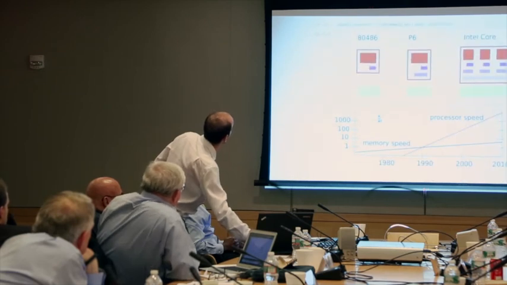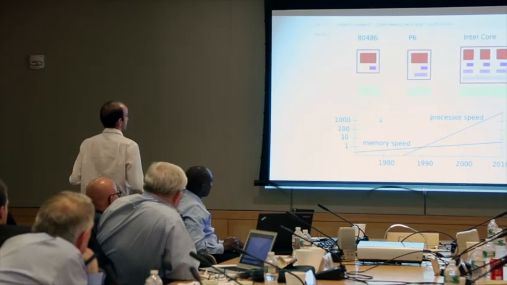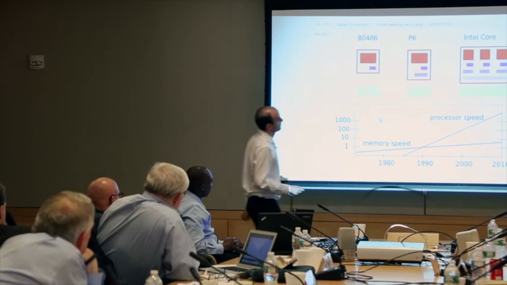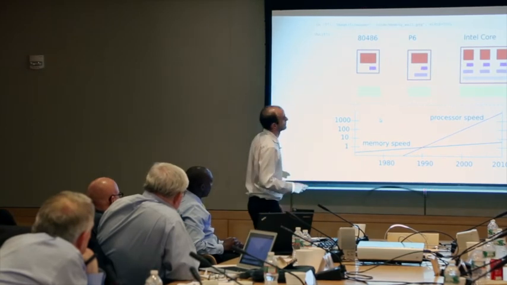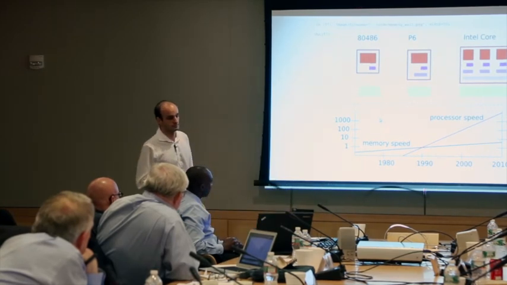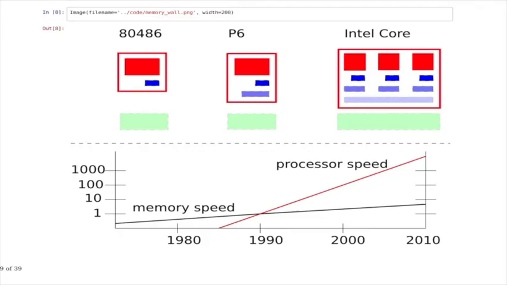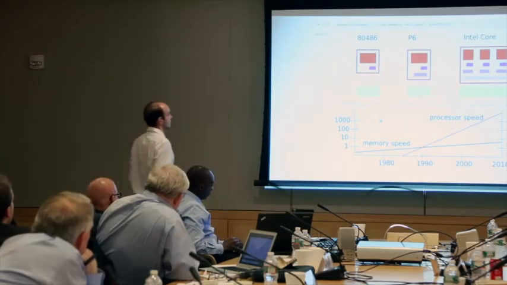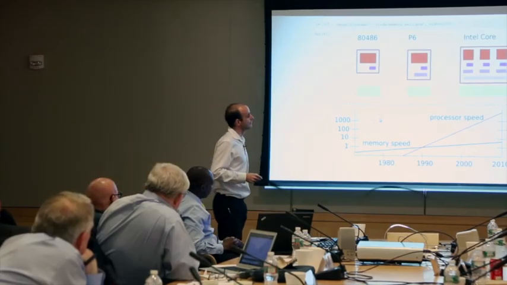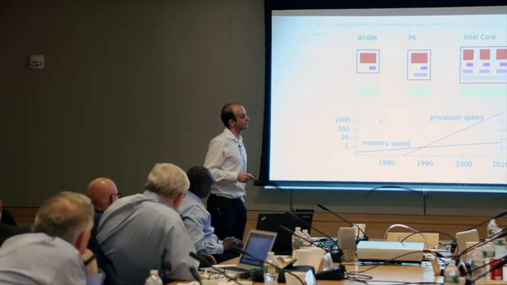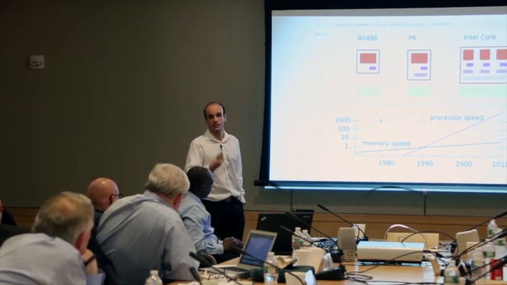Okay, so I wanted to say there is a basic fact. It has been observed quite early, like in 95 by McKee. The thing is, processor speed and memory speed both grow exponentially, okay? But they don't have the same coefficient in the exponential. And the result is that now memory speed is much slower than processor speed in relative terms.